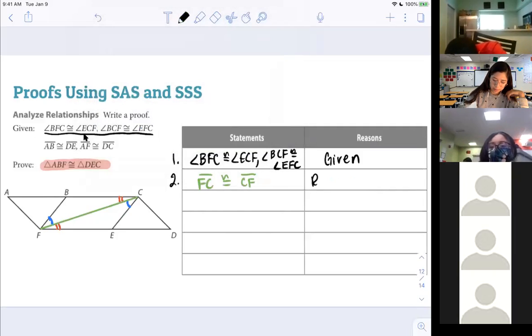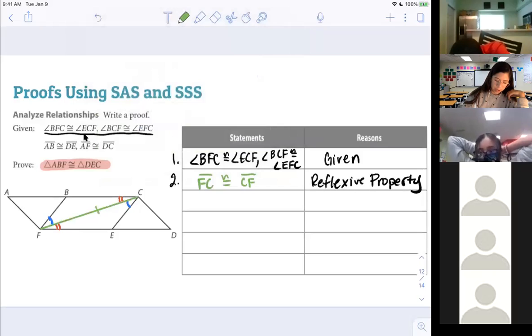Let me write that in black. Okay, so I've used reflexive. Now what can I say about those two triangles? They're congruent. Good. And what theorem am I using for that? ASA. Good.